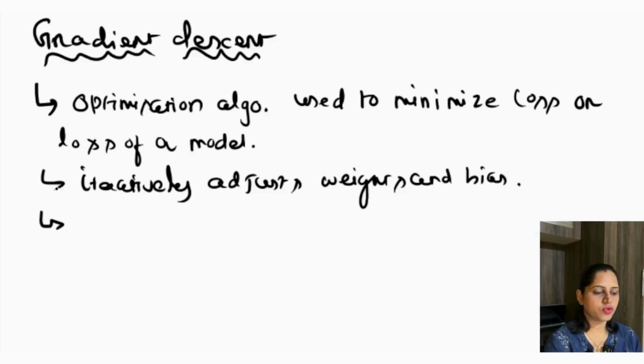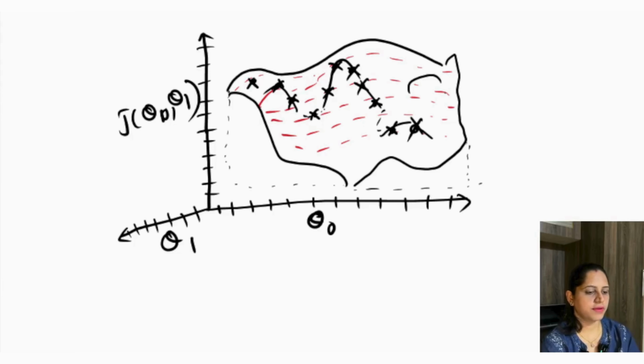Now let me show you one image of how it looks in a real scenario. Just imagine underneath your bed sheet there are so many things, maybe a few small balls, a large ball.